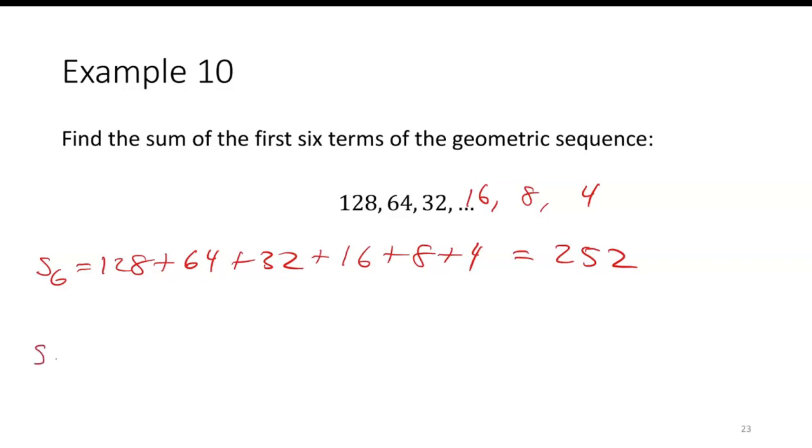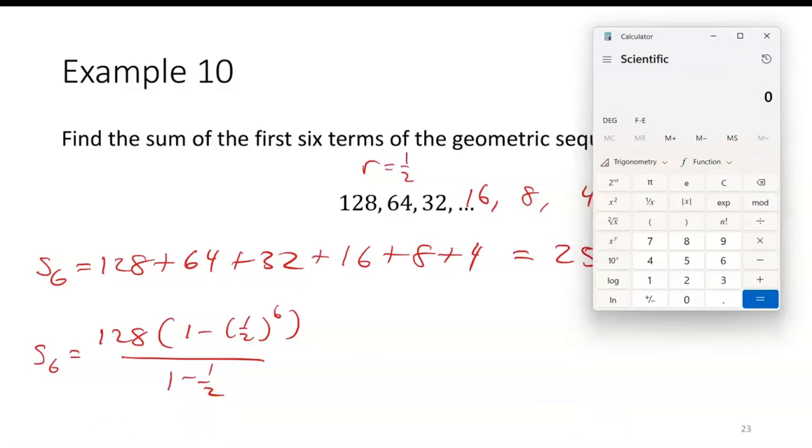If I'm using the formula, I would say that the first term is 128. My common ratio is from 1 to the next, I am basically multiplying by 1/2 each time. So I'll be doing 1 minus 1/2 to the 6 divided by 1 minus 1/2.